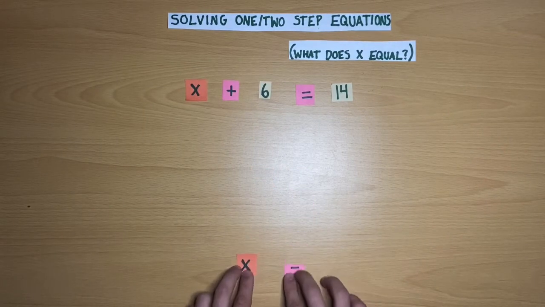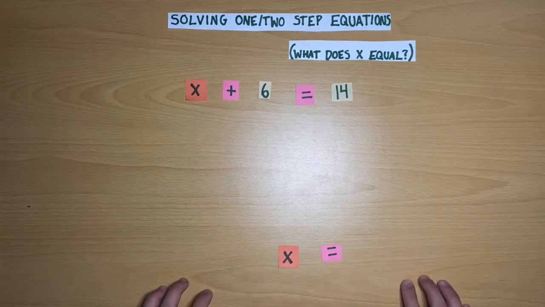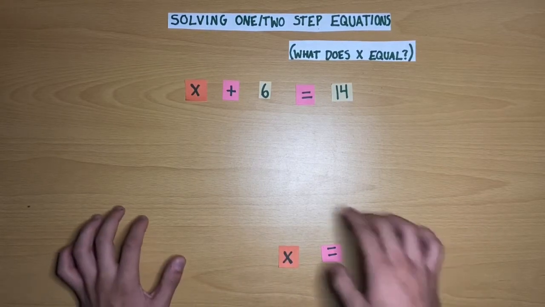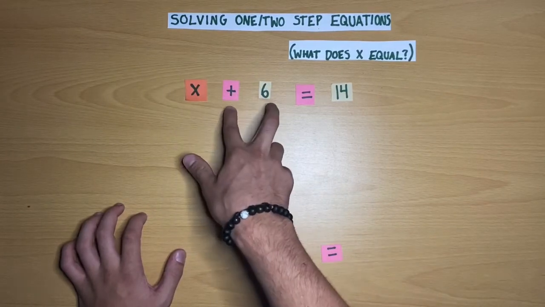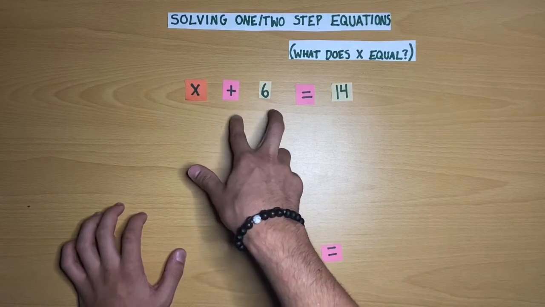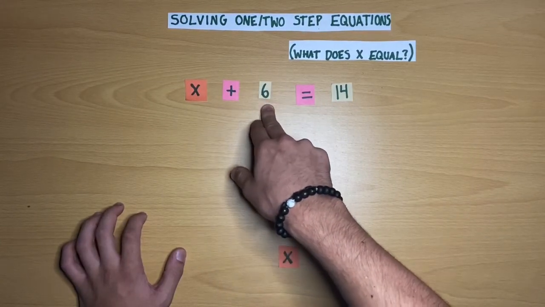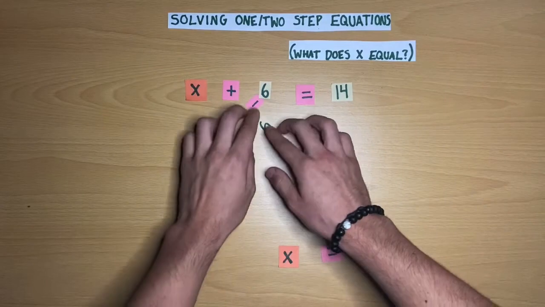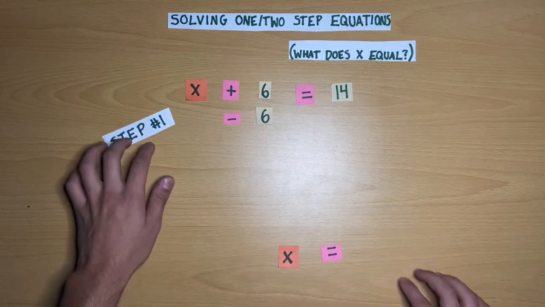So I'll just set this down here for now, because we know that's the goal. So again, we see this x, we want it by itself, and we have this plus 6 getting in the way. We need to somehow get rid of this. And to get rid of this positive 6, we subtract 6. And this is actually our first step.